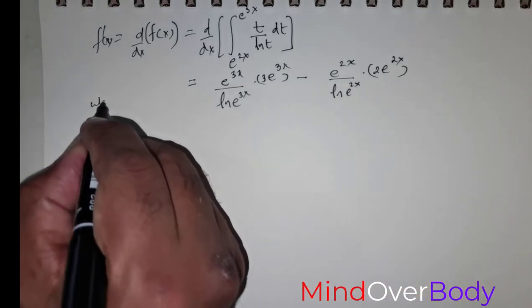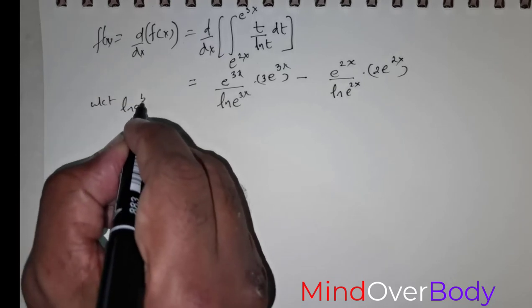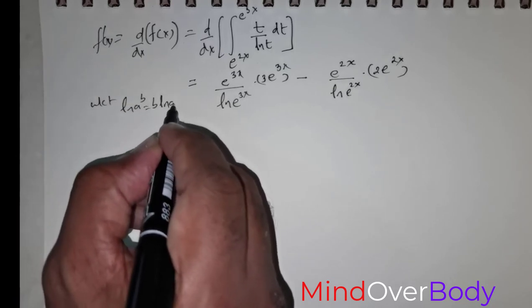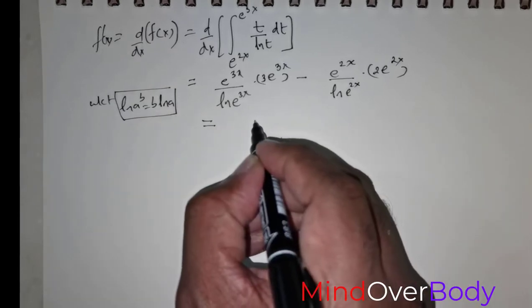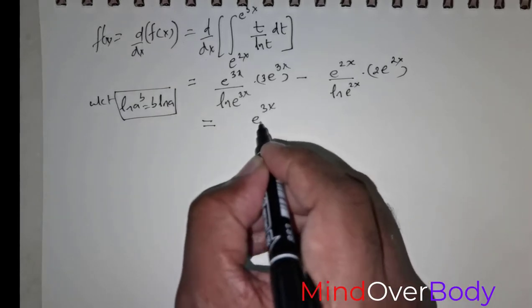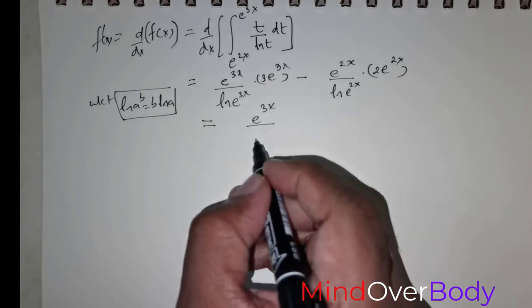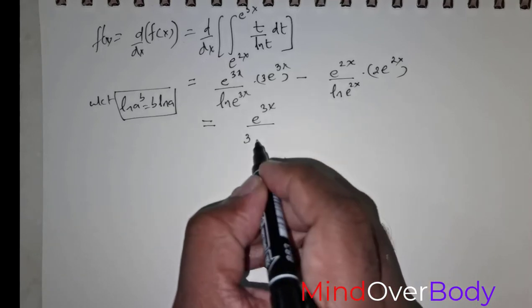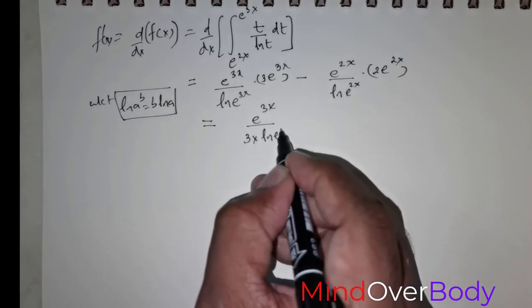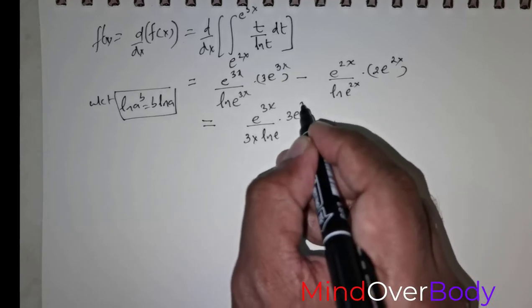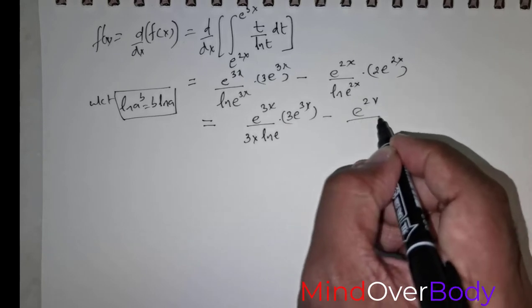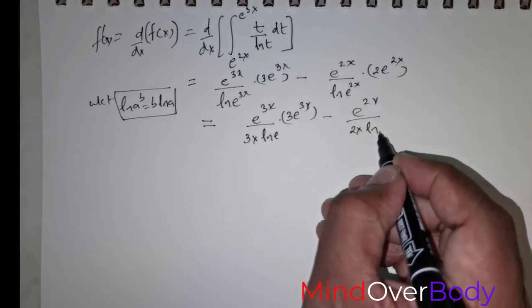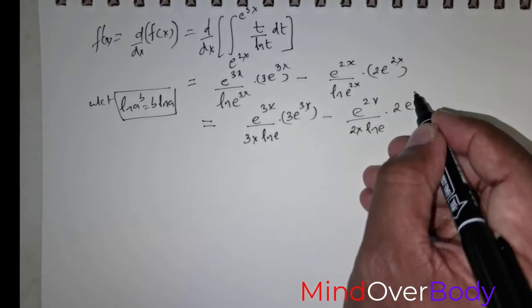Now we know that ln a^b is equal to b times ln a, right? So by that formula, this is equal to e^(3x) divided by 3x times ln e times 3 times e^(3x), minus e^(2x) divided by 2x times ln e times 2 times e^(2x).